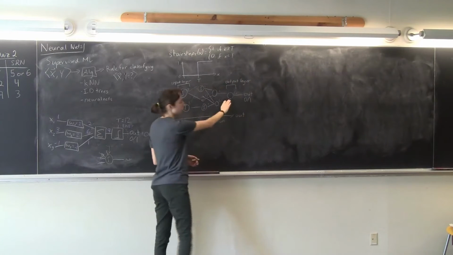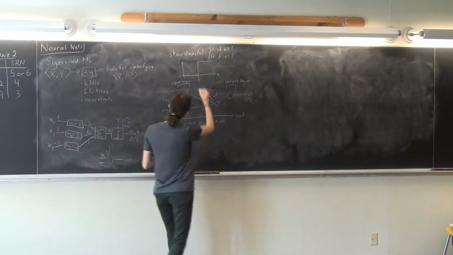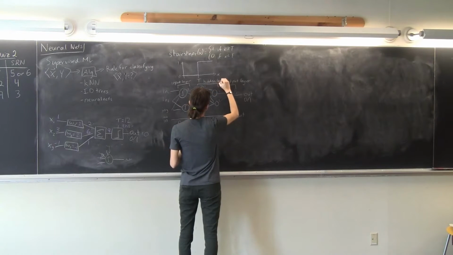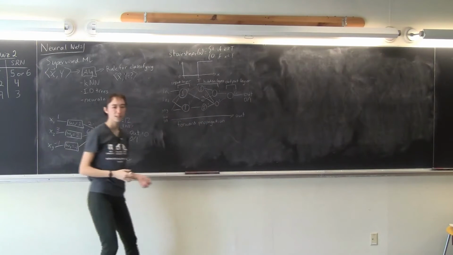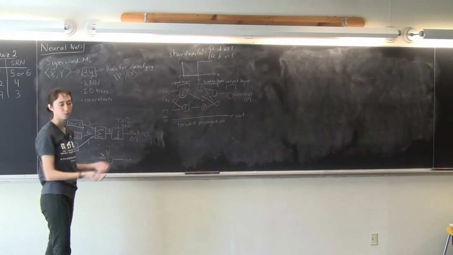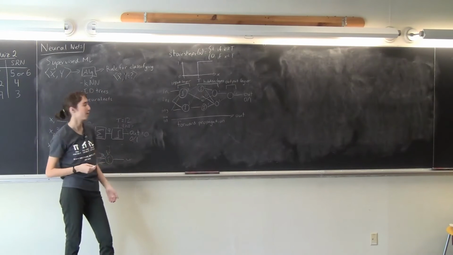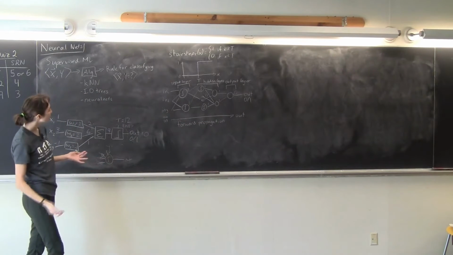And in our case, that will always only be one neuron because we're just having a single output. And then everything in between are the hidden layers. So in this case, we have 2 hidden layers. In some cases, we might have less or no hidden layers. In a deep neural net, you might have like 10 hidden layers. But that's the general idea of how a neural net is structured.